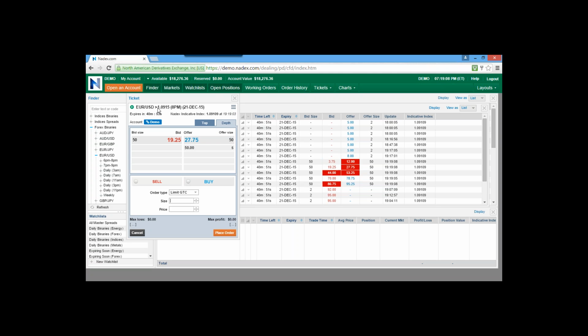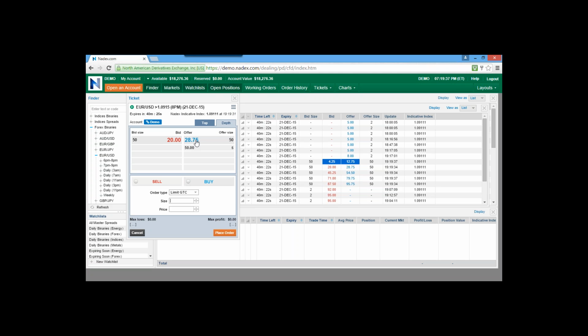That the euro dollar will be greater than 1.0915. Okay? Well, where's the market at right now? 0910. So this contract says it's got to be above 915. Right now it's only at 911. So for this contract to expire in the money, what has to happen in the market?